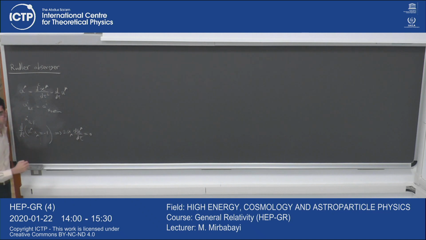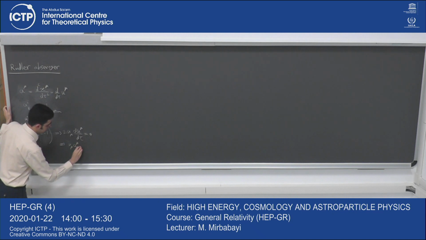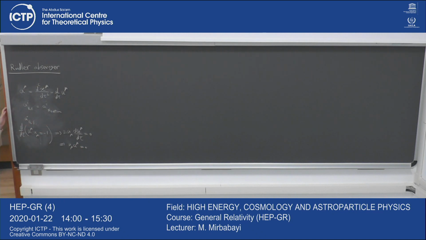The d u mu by d tau is what we call the four-acceleration. So this tells me that u mu times a mu is equal to 0.